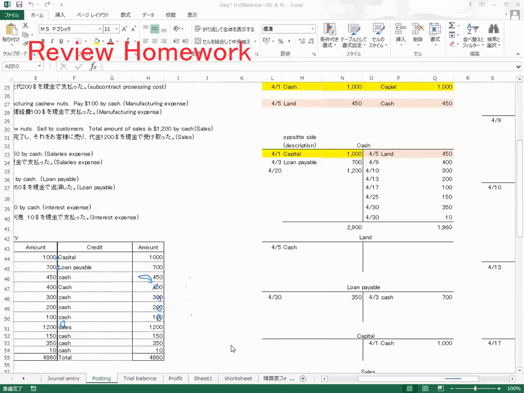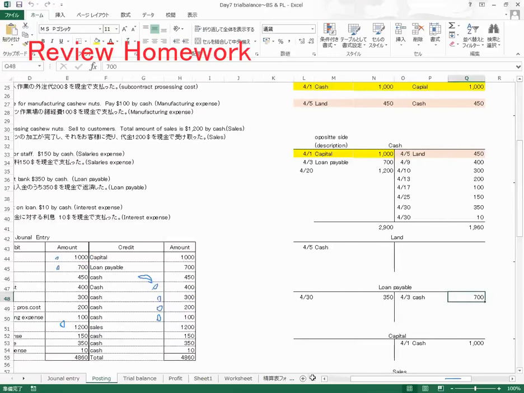But that is not allowed. So you should not do this type of posting.